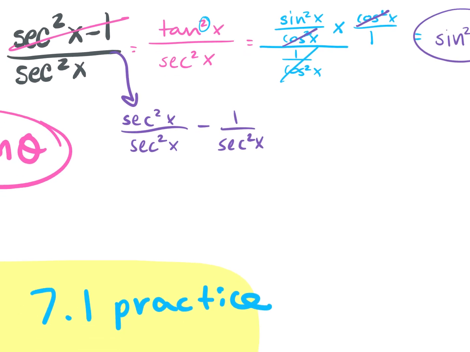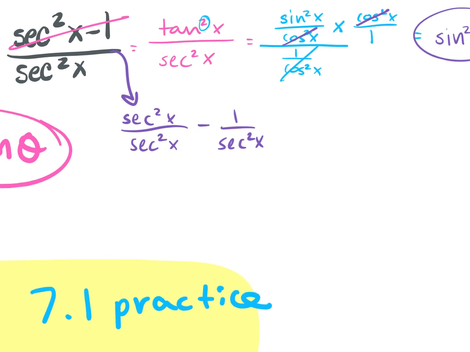So think about it: when we're combining fractions and we have a common denominator, the denominator stays the same. So here I'm just doing the opposite. I'm splitting it up, but keeping the denominator the same in both of them. What's secant squared over secant squared? 1. And then minus, what's 1 over secant squared? What's the reciprocal of secant?